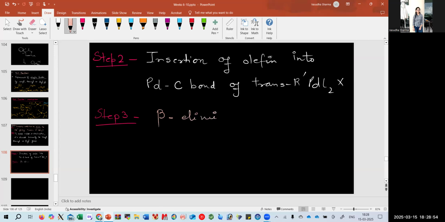With respect to that, beta elimination will give the substituted product olefin.